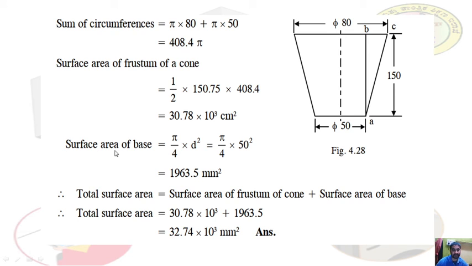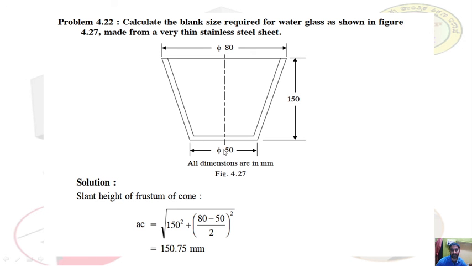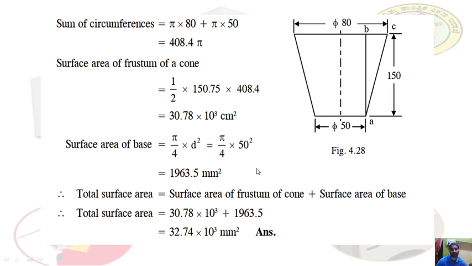So next is the surface area of the base, pi into d square by 4. So pi into 50 square by 4 is 1963.5 square millimeter for covering this glass.